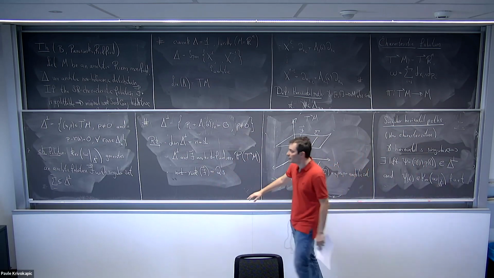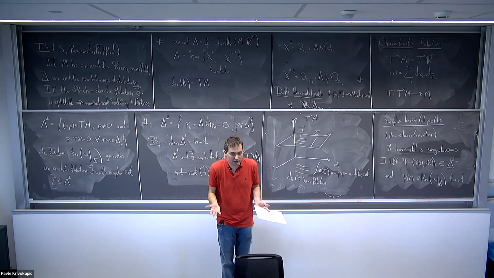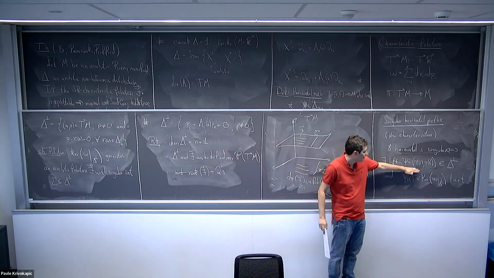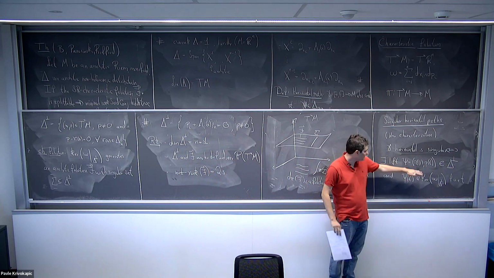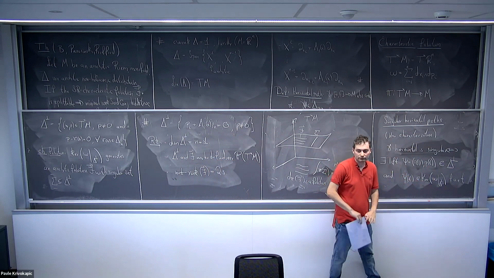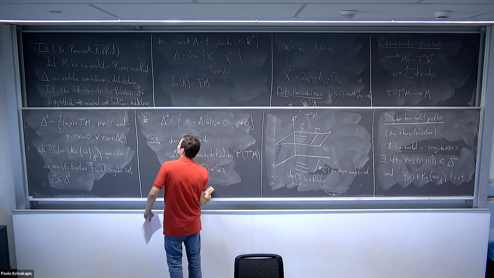So I'm just looking at these characteristic foliations, and the paths that I'm going to be interested in studying, that I have to study in a different way, are the ones that when I lift like this, I will be tangent to this new foliation in the cotangent bundle.